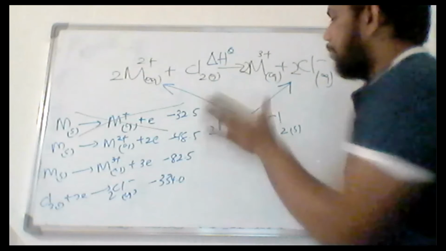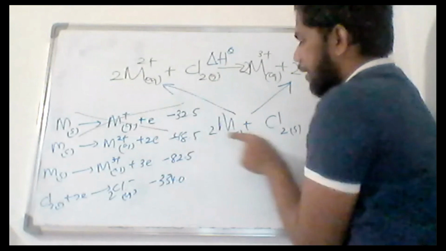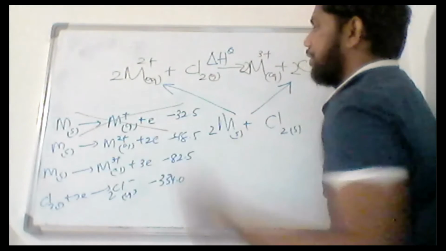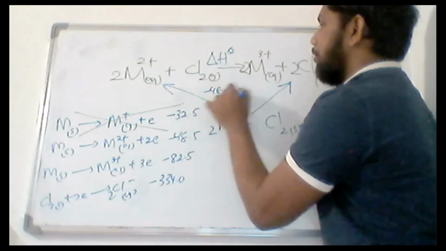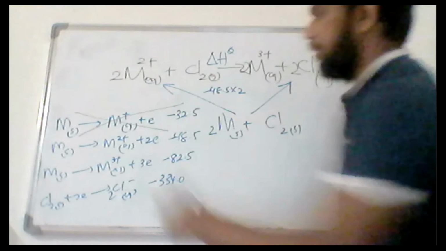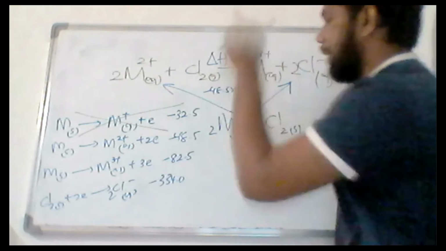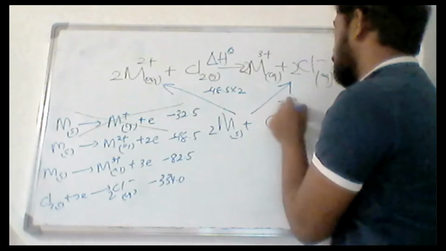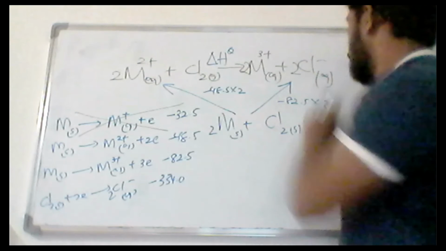From M solid to M2+ gives 48.5 times 2, because here there are two metals and it is only given for 1. And 2M2+ to 2M3+ gives minus 82.5 into 2.